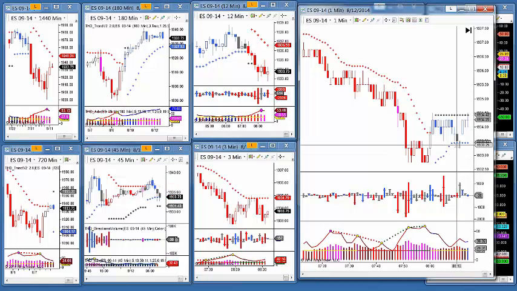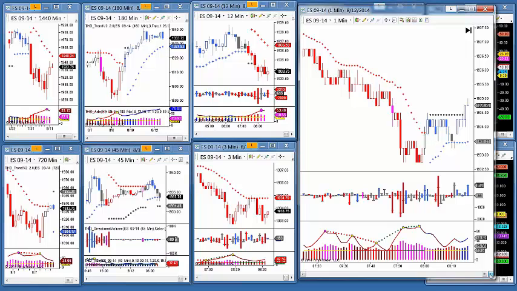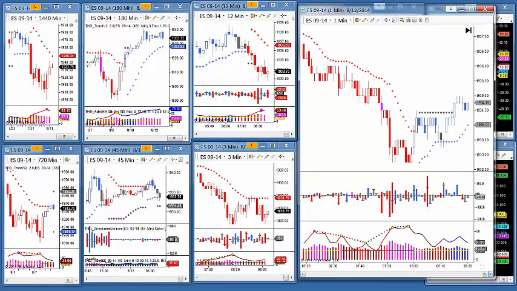No problem. So now they should bust through this area, but they don't. Not with vengeance, okay? They did it by what, 2 ticks? No, it's 1 tick. I'm sorry. You know, 1 tick is not really busting through this area, okay?